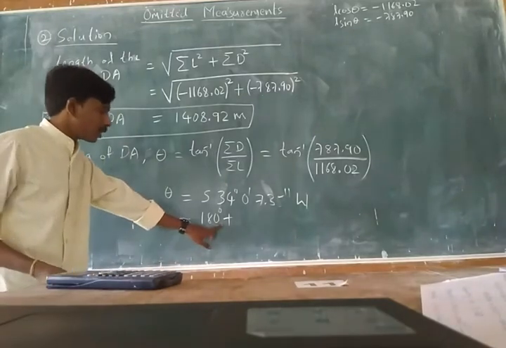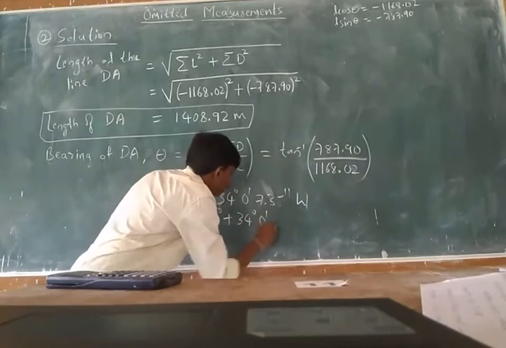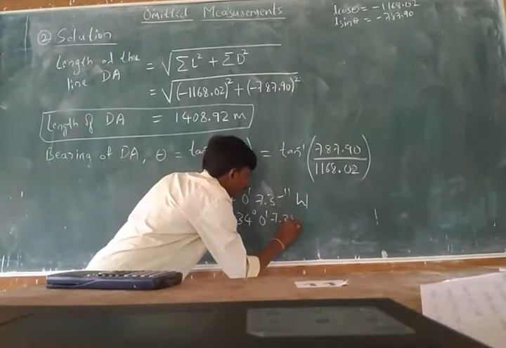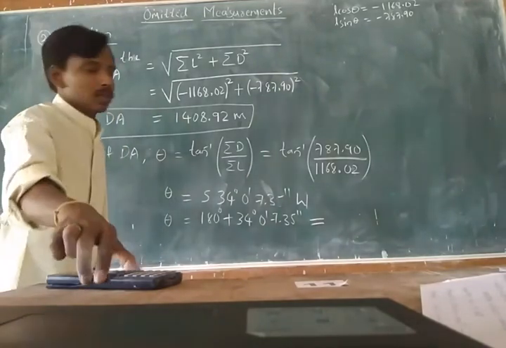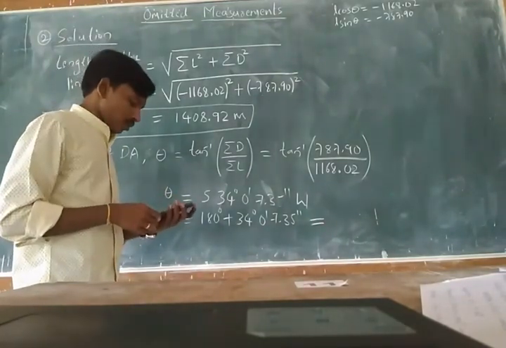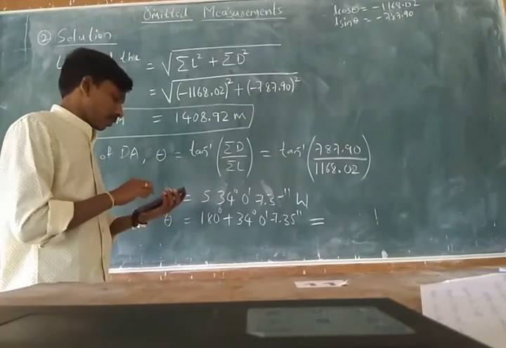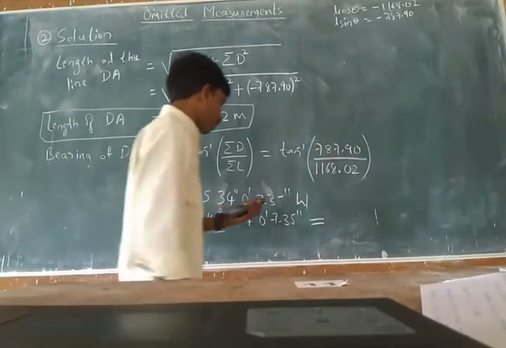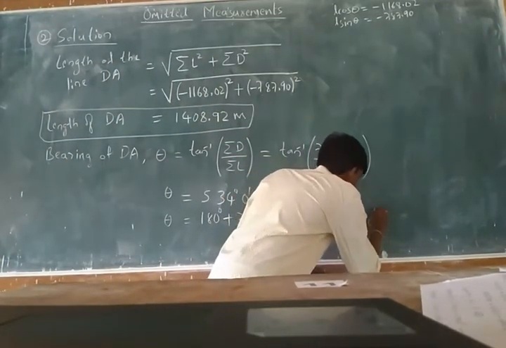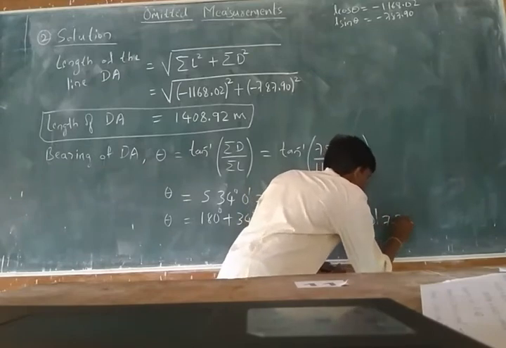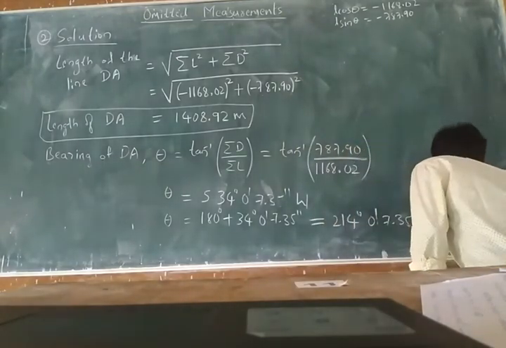So 180 degrees plus, write the same value here, 34 degrees 0 minutes 7.35 seconds, and that must be equal to 214 degrees 0 minutes 7.35 seconds. This is in whole circle bearing format.